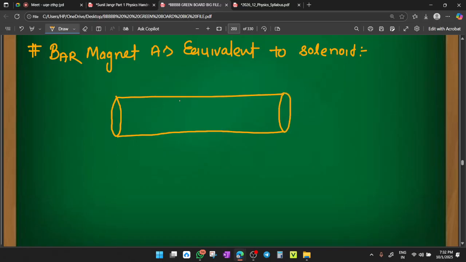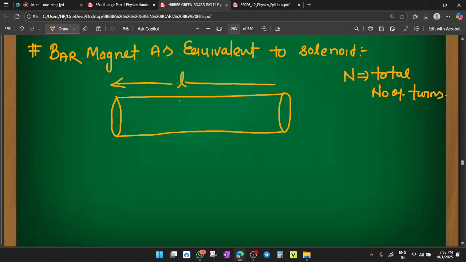For an ideal solenoid, the number of turns should be large. The total number of turns is called capital N. Clear? The length of the solenoid is considered as a small l.